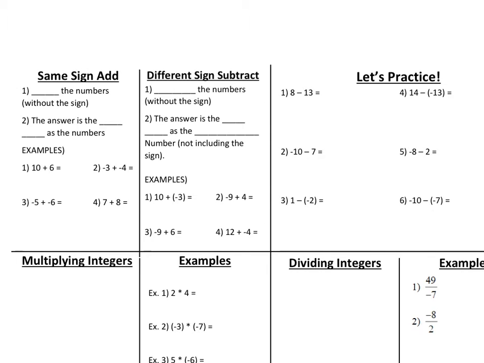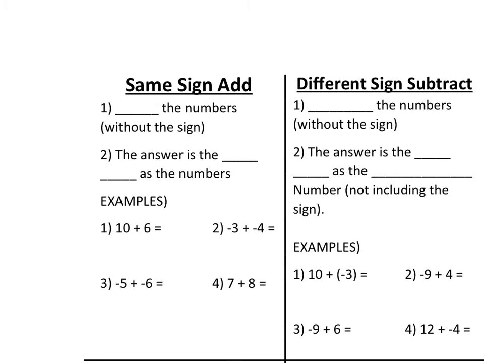All right, guys, so today we are looking at adding and subtracting, okay? When things have the same sign, that means you have two positive numbers or two negative numbers.